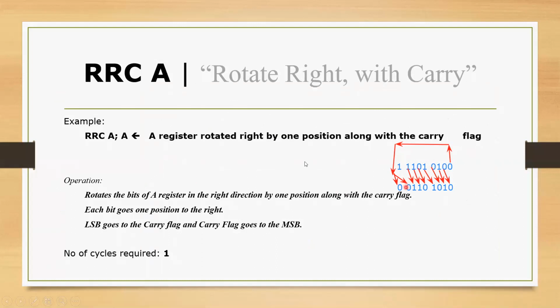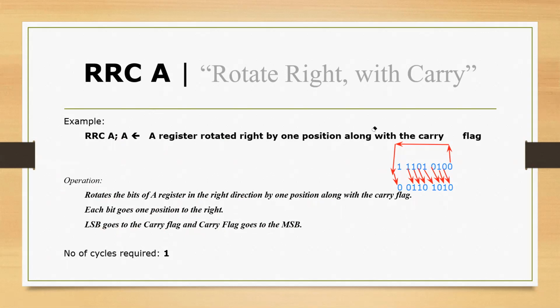So here, rotate right with carry. The carry is also included in the rotation. It rotates the bits of A register in right direction by one position along with the carry flag. So each bit goes to one position to the right. The LSB goes to the carry flag and the carry flag goes to the MSB. So here LSB goes to carry flag and here the carry flag is going to MSB.